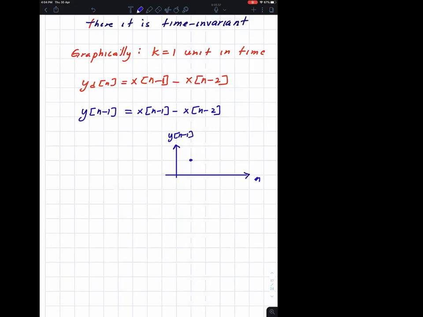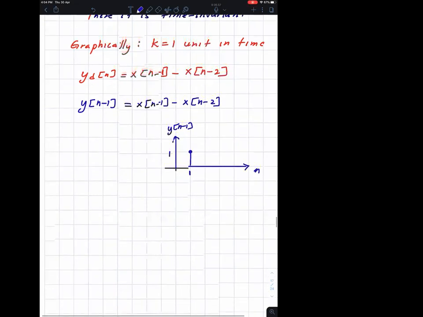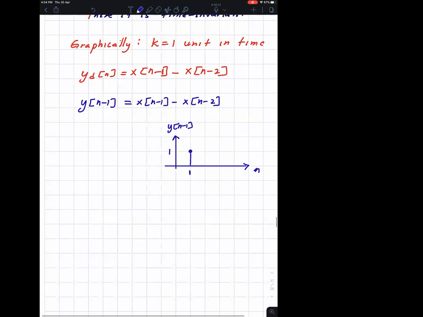Right here. It's 1 minus x minus. So the other one is located at 2 because it's minus. Okay, that's y n minus 1.